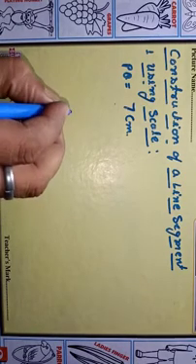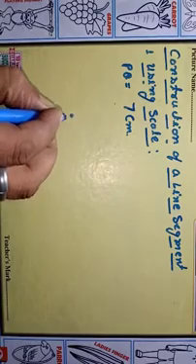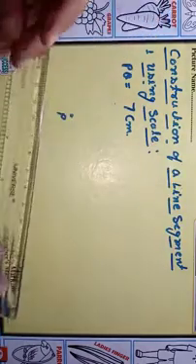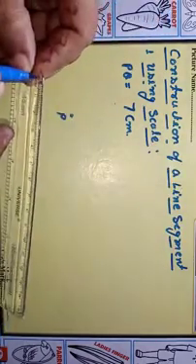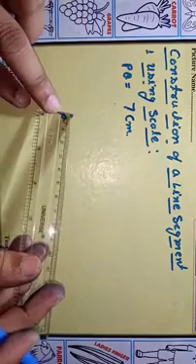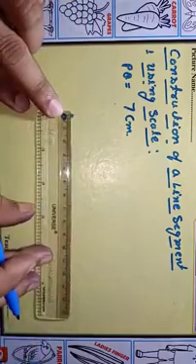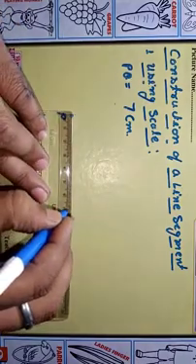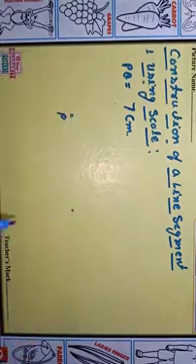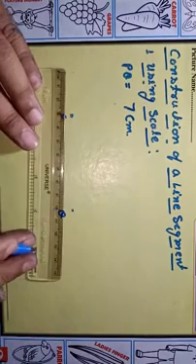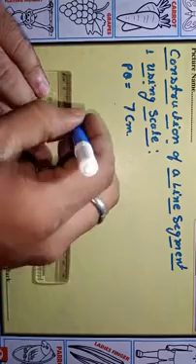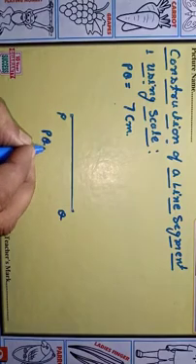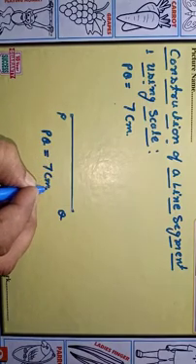First we make a point P. Now from this point we use the scale of 7 centimeters. The 0 centimeter mark is put at point P, and the last point, where 7 centimeters is, becomes Q. Join the points. This line segment PQ is 7 centimeters.